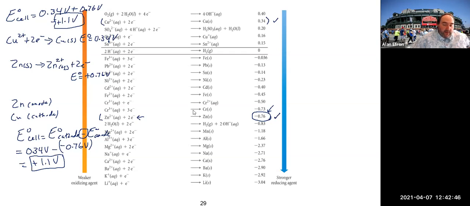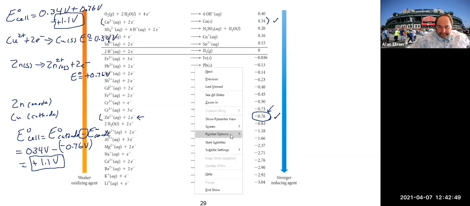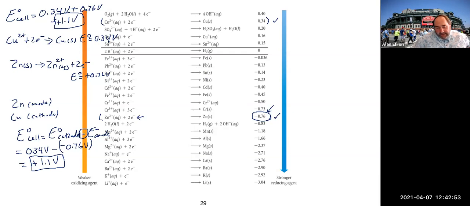And that is why when we do the subtracting part, we don't change the sign, because the subtraction will change the sign of the anode. So my recommendation is this: choose a way. If you want to change the sign, add the values together. If you don't want to change the sign, you should subtract them.